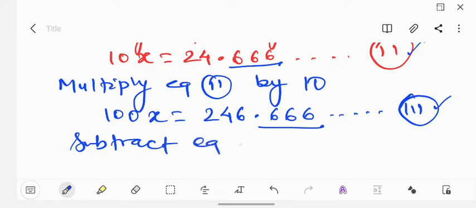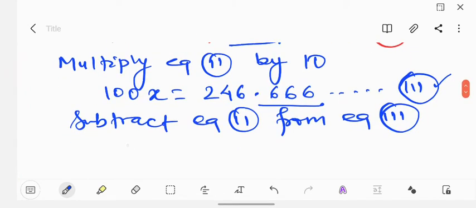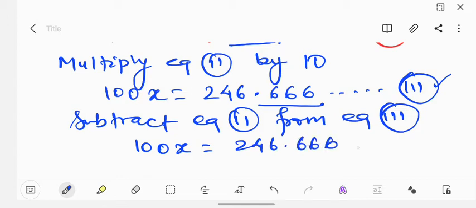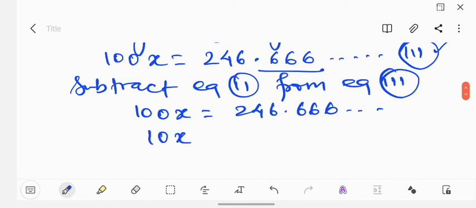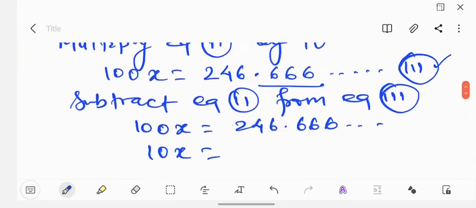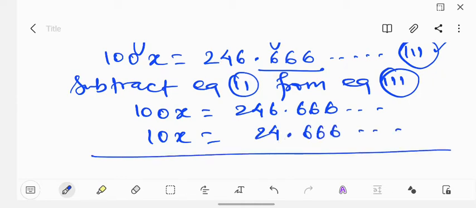Subtract equation 2, which is of less value, from equation 3. Equation 3 is 100x equals 246.666 and then we have 10x equals 24.666, and then subtract it.